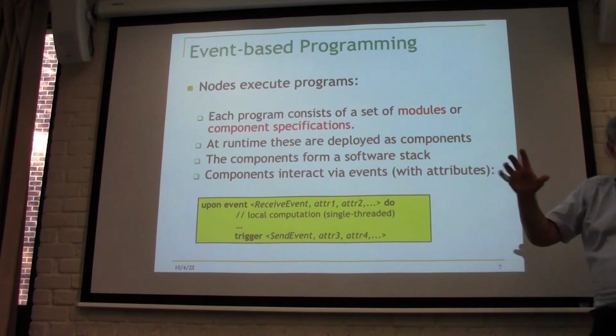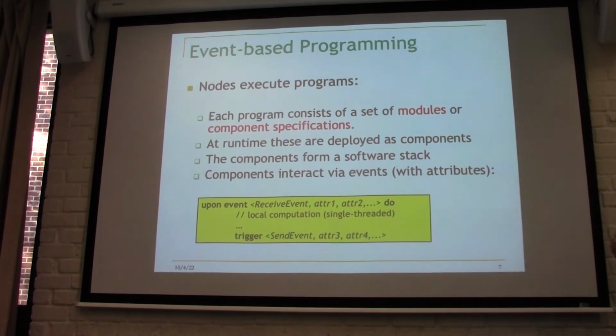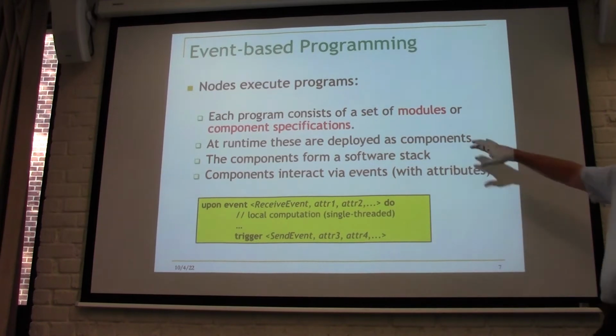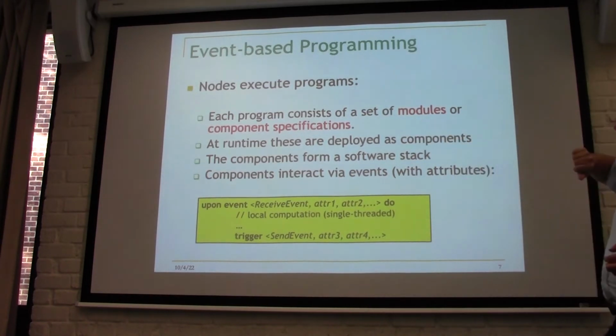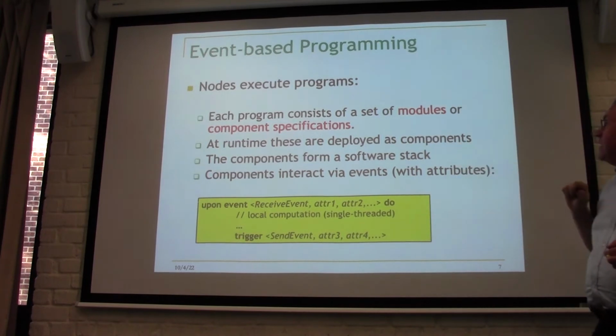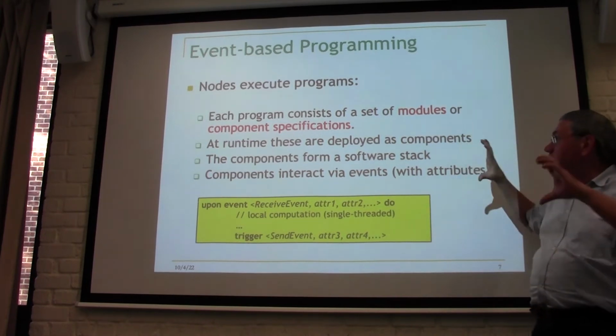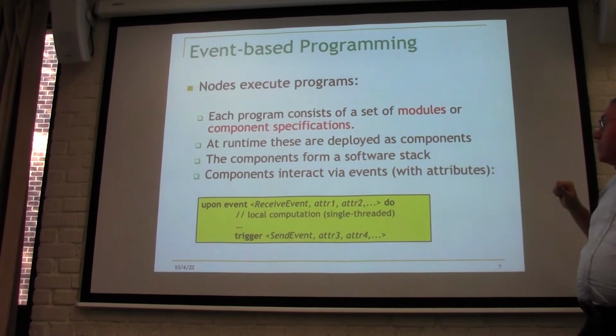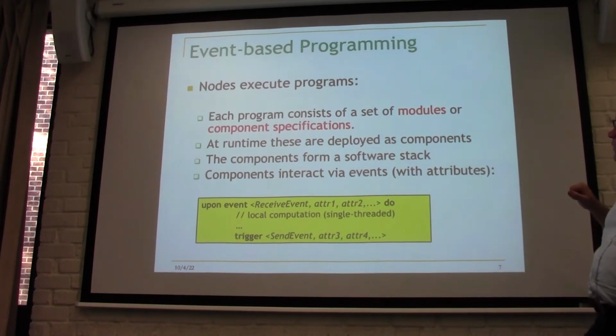Okay, each node, which is like a hardware processor, consists of what's called components. A component is a running piece of code which is forming kind of a software stack.